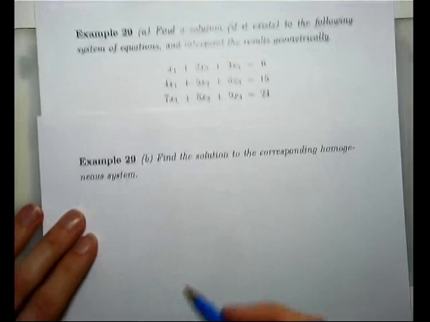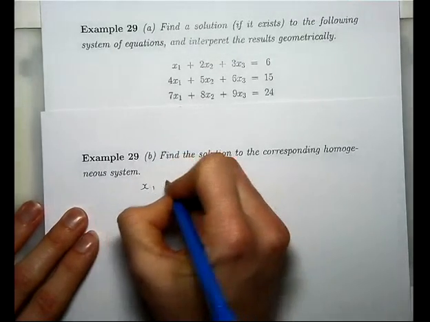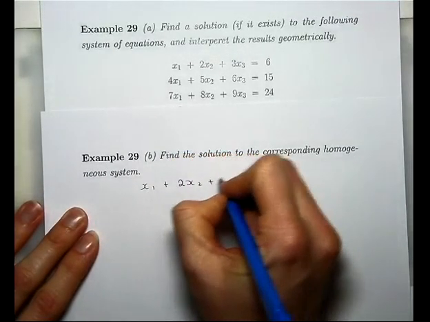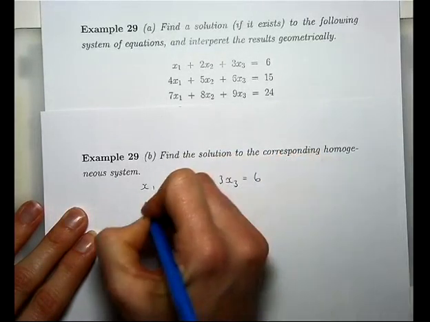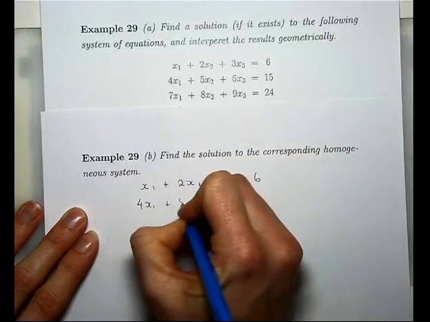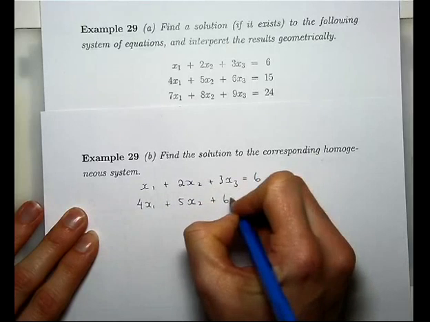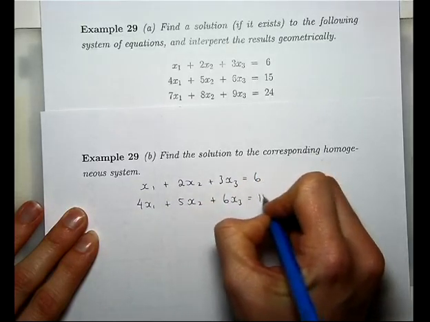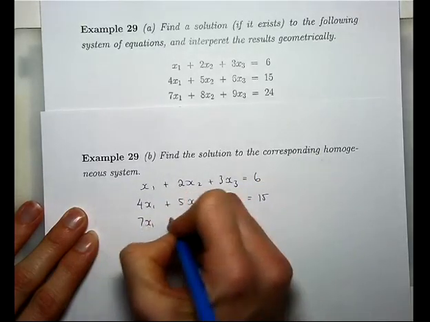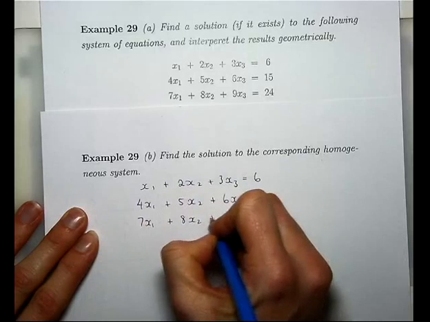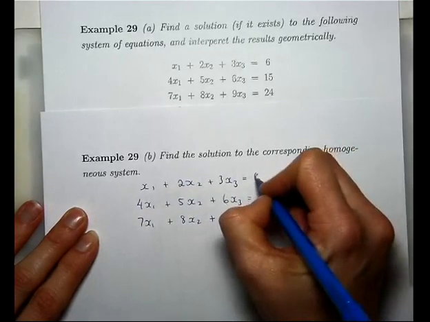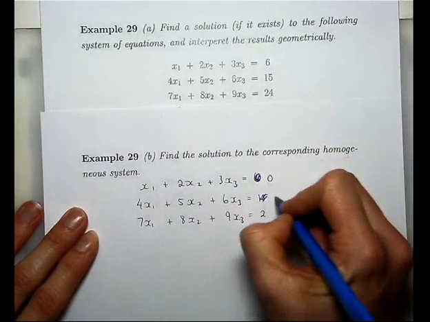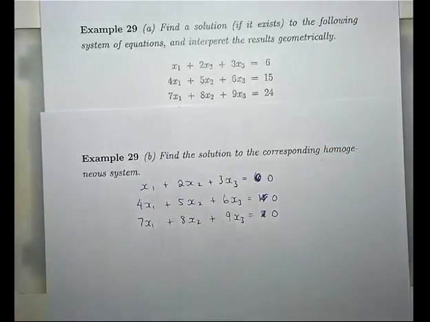So let's write down the equations to start with, just mindlessly copying them down. Make the right-hand side 0.